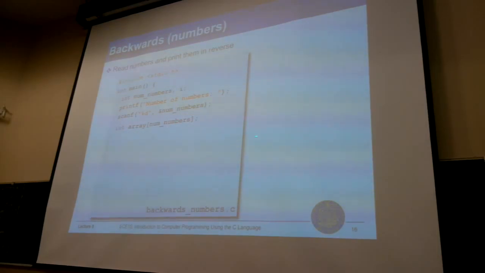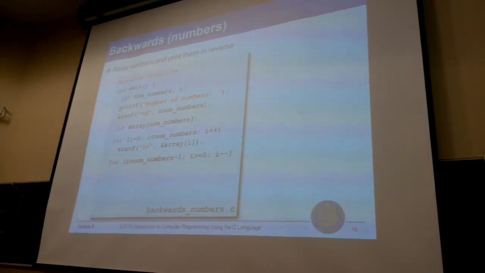So this is a runtime array declaration. And then we go ahead and use a for loop to assign the values in that array, taking in user input, one for every element in the array. And so here we've written into the array, writing in from 0 to num numbers minus 1.